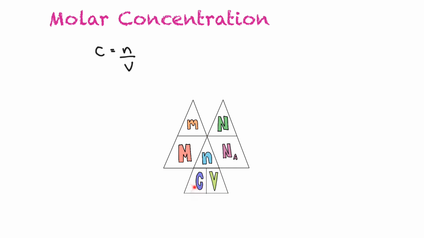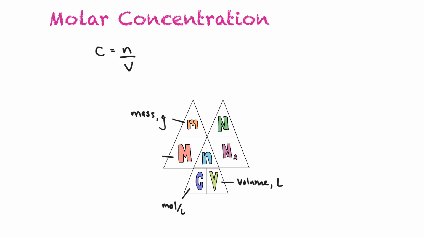C, concentration, is equal to moles divided by volume. We need to highlight a few things to keep note of. This is volume, and that's in liters, just like mass is in grams. That will be important. Concentration is moles per liter. Remember, the little n is our moles.